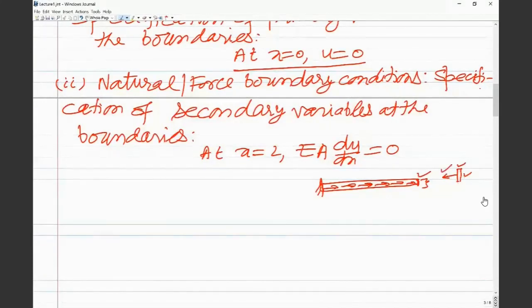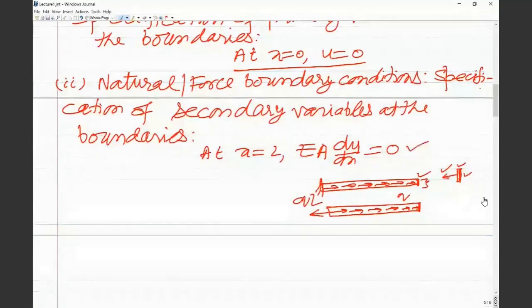So you can say that at x equal to L, the net force is actually 0, and at x equal to 0, you will have force equal to q into L. If you draw the free body diagram of this, it would be like this. This is a distributed force q, and here you will have the force q into L. So this will be the free body diagram. Here this force is 0. That is how we are saying EA du/dx is equal to 0.